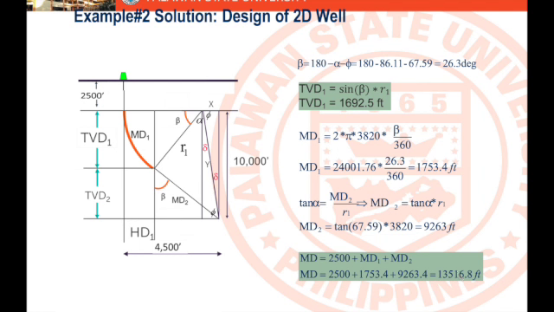This would be the total length of our drill string, and of course the casing string. That's the total measured depth for this 2D well, J-type, with our given restrictions. And remember that the maximum inclination is the angle beta, which is 26.3 degrees.